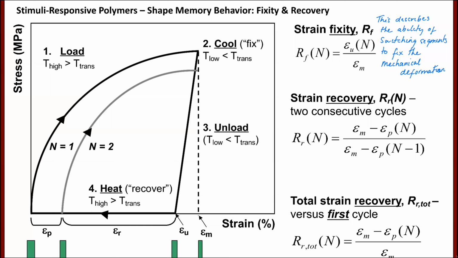Okay, and then we have strain recovery. So what we can do is consecutive cycles of applying the stress. That describes the ability of the material to memorize its permanent shape.